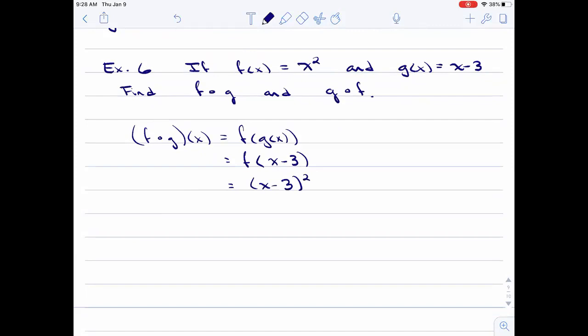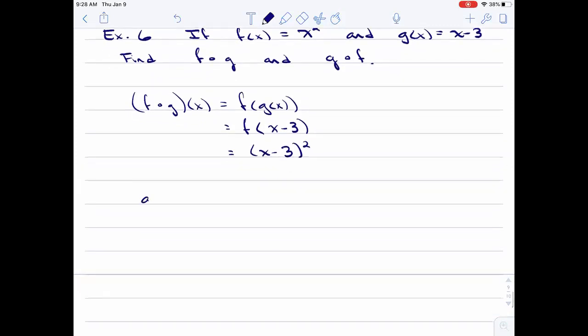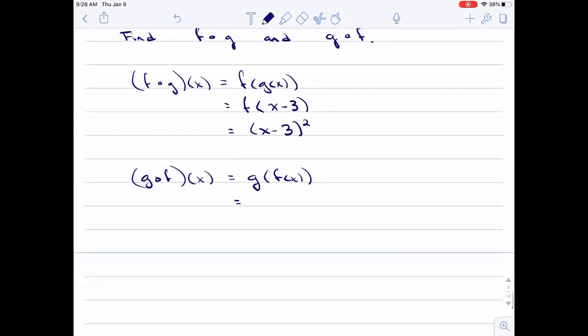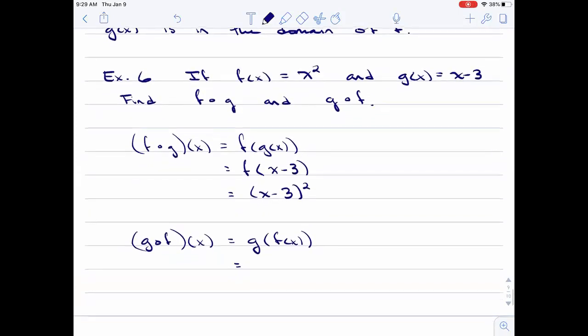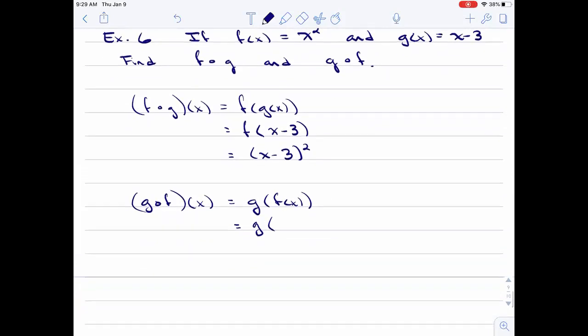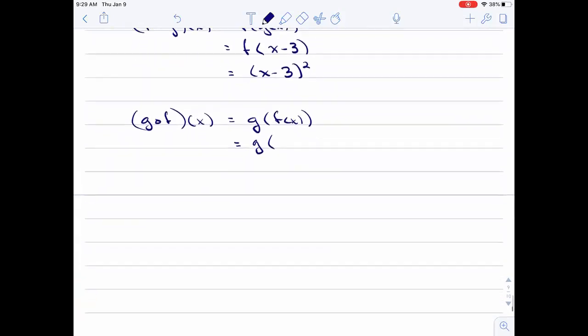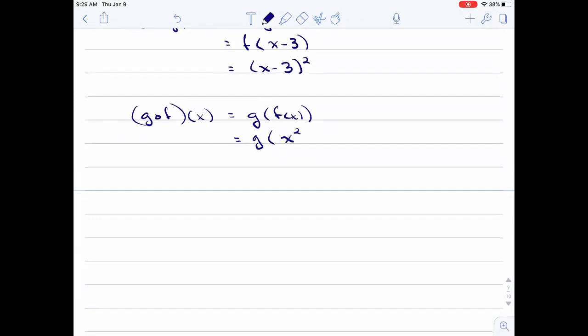If we try g composed with f of x, g is the wraparound function and f of x is on the inside. Which means g is going to take f of x, which is x squared. So wherever I see an x in g, I'm going to replace it with x squared. And so g of x is x minus 3, and so x squared minus 3.